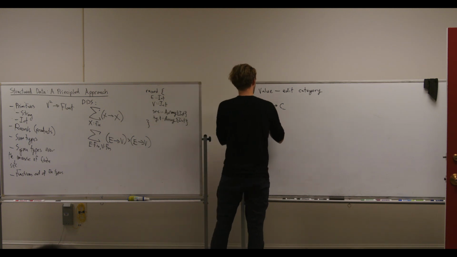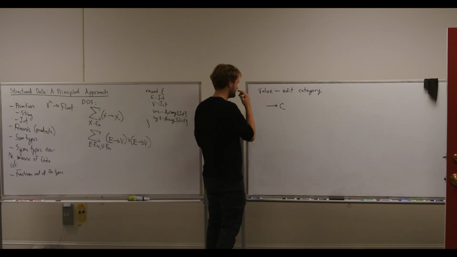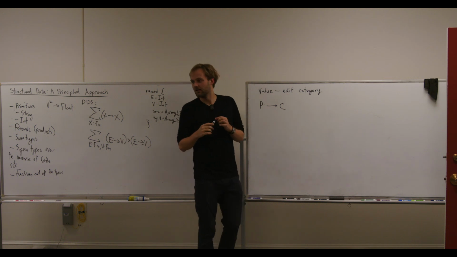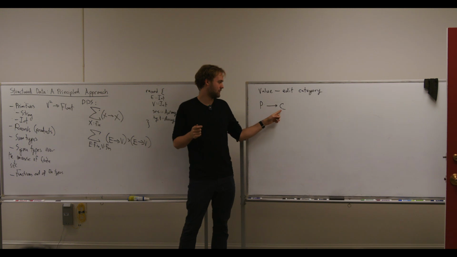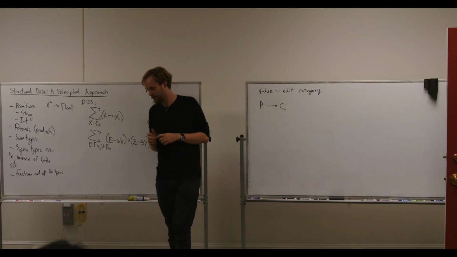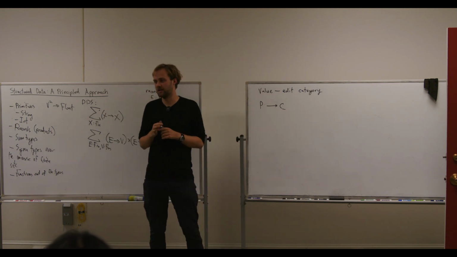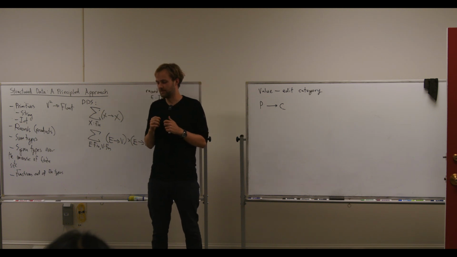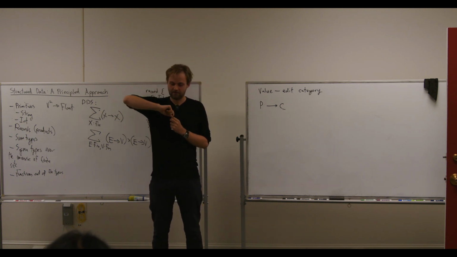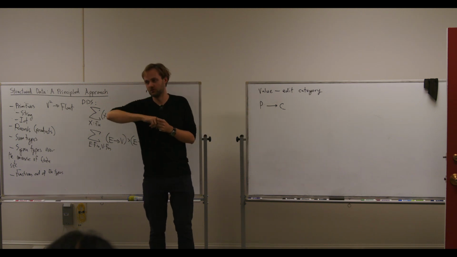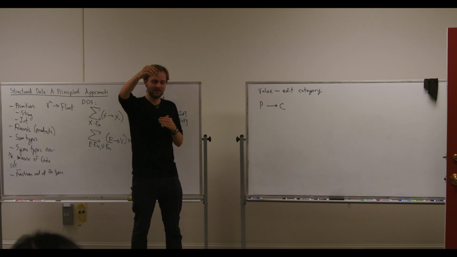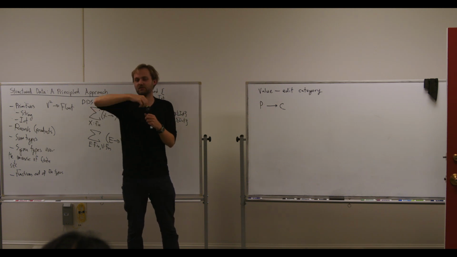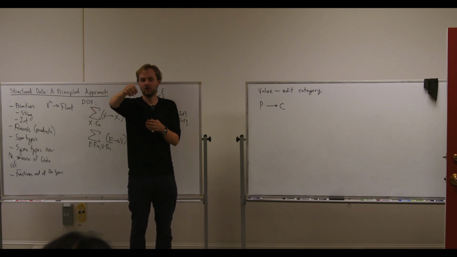So really, a history is an arbitrary finite poset P along with a functor from that finite poset into C. The idea is that one point is greater than another point if the previous point is in the future point's past light cone.